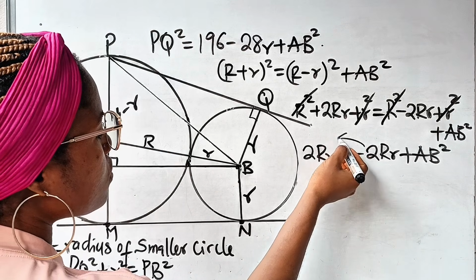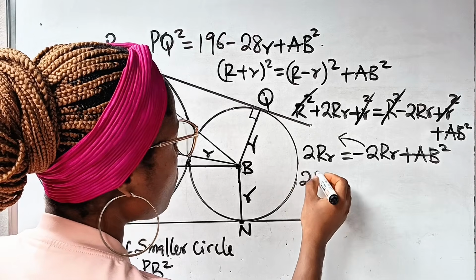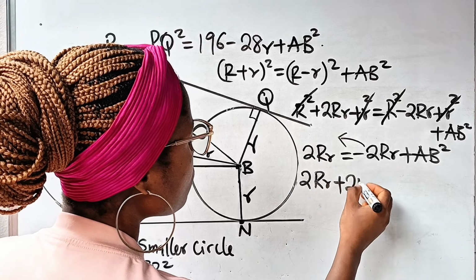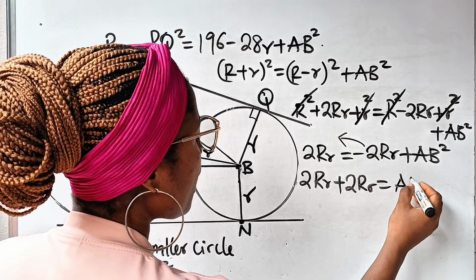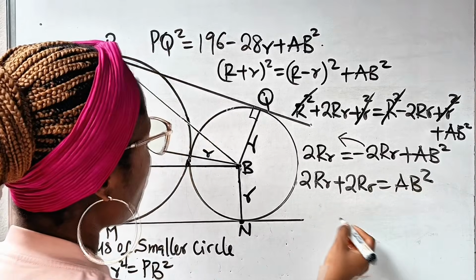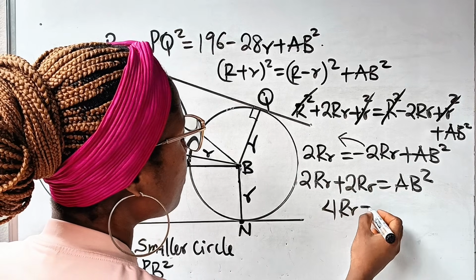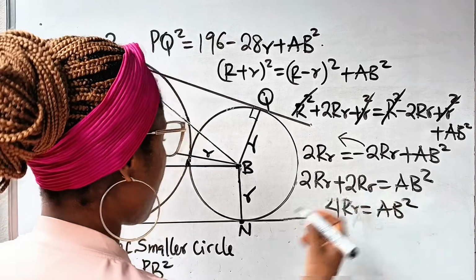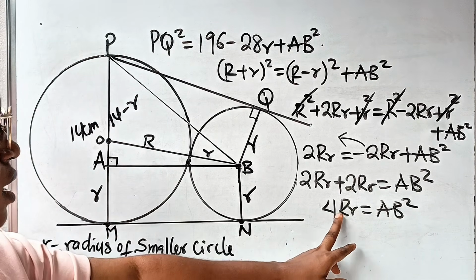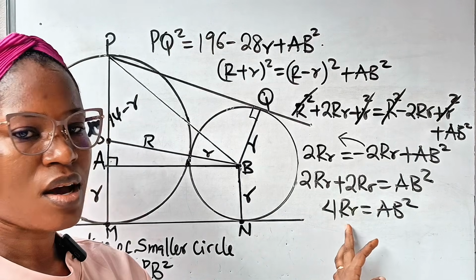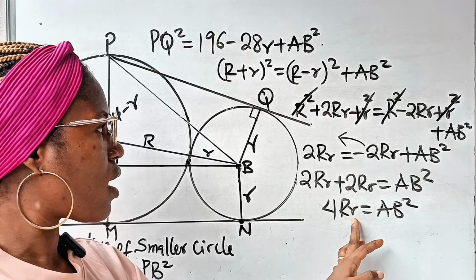So if we transfer this to this side, we have 2Rr plus 2Rr equals AB squared. So we have 4Rr equals AB squared. Now this is telling us that AB squared is 4 times the capital R and the small r.